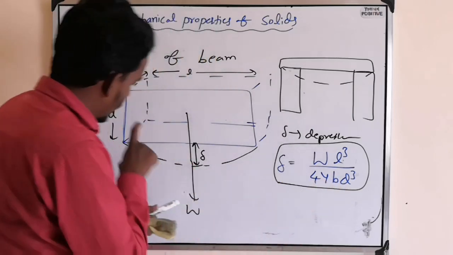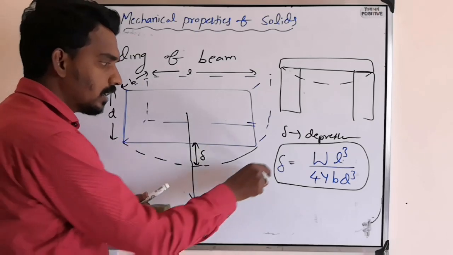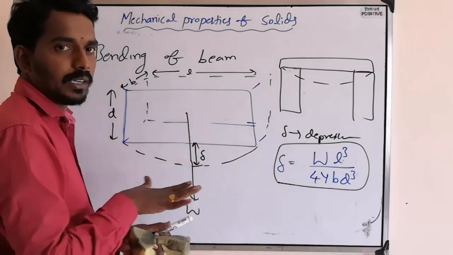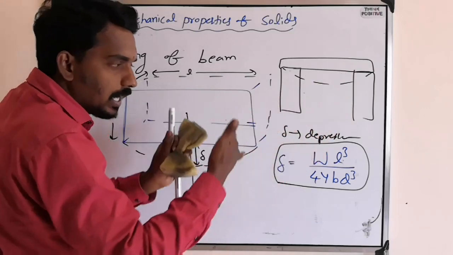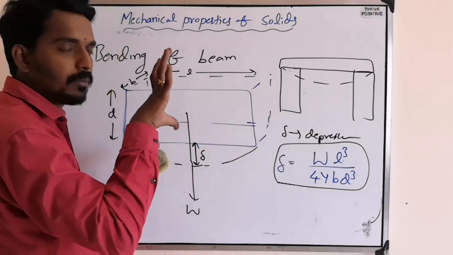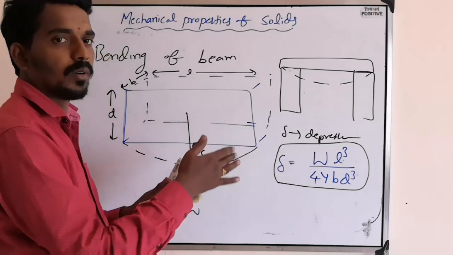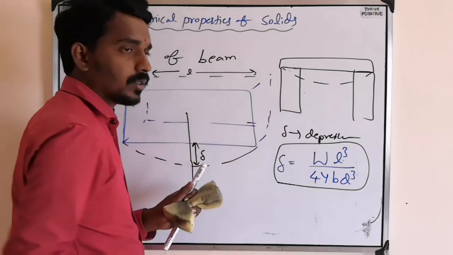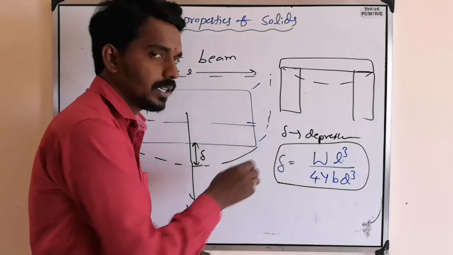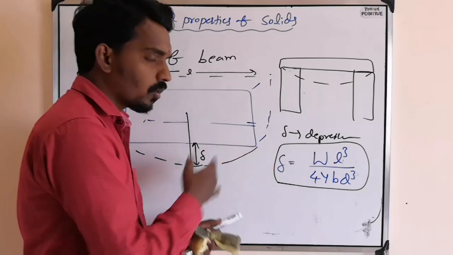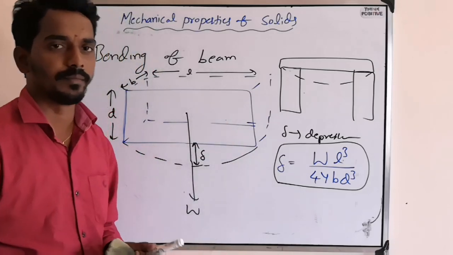That's why we should make a beam such that length is less and thickness is more, then depression is less, and the bridge, flyover or metro construction will be stronger. Otherwise it will collapse because of this depression. So this is called bending of beam.